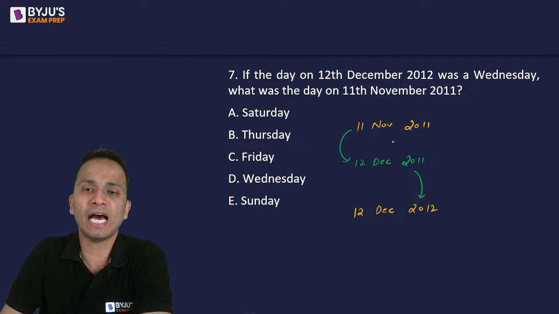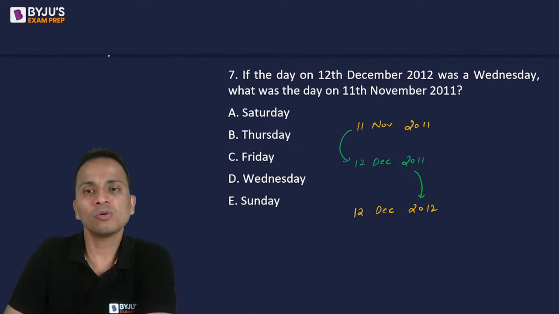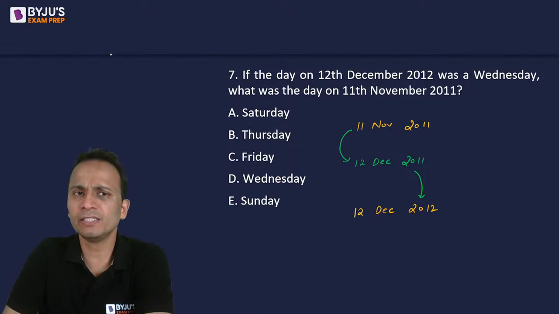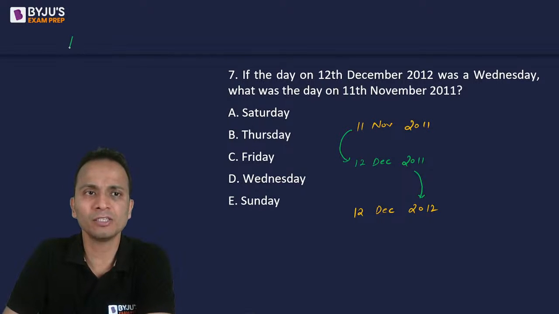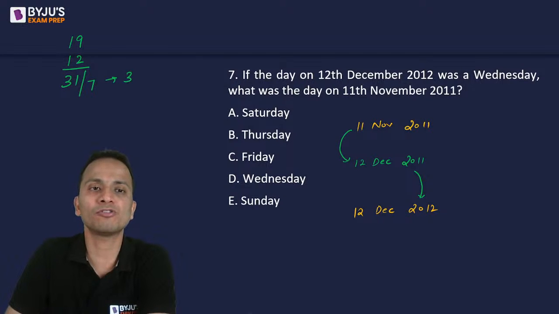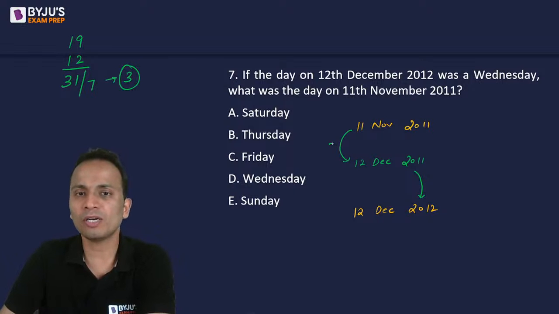How many days have been added in 11th of November to get 12th of December? So November, a total of 30 days. 11 have already passed. So 19 days of November and 12 days of December. That means a total of 31 days. Now 31 when divided by 7, the remainder is 3. So the number of odd days will be 3 in this case.